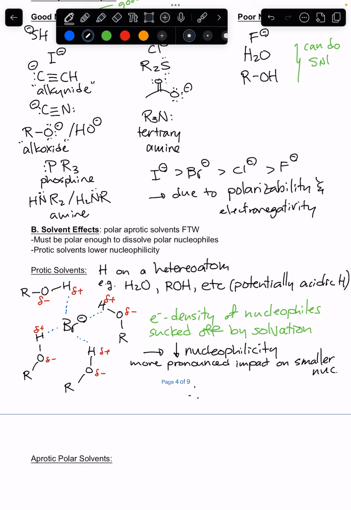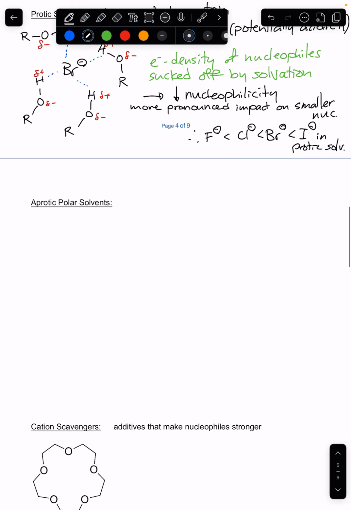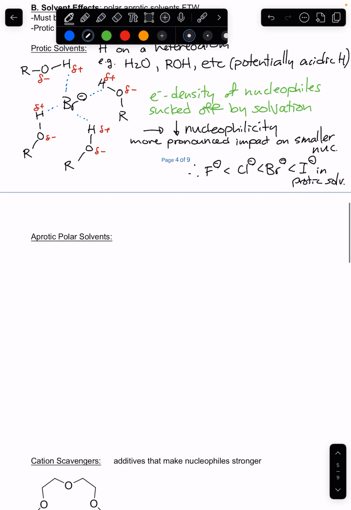For example, fluoride is not a good nucleophile to begin with, but it gets even worse in a protic solvent, whereas iodide doesn't suffer as much. So that's kind of what that means. So that's what happens in a protic solvent.